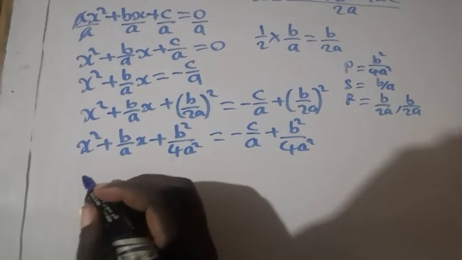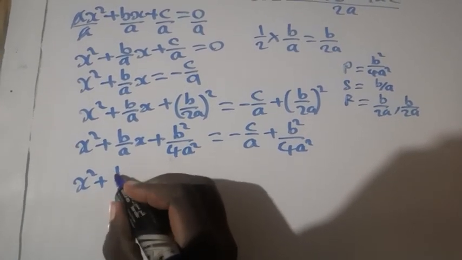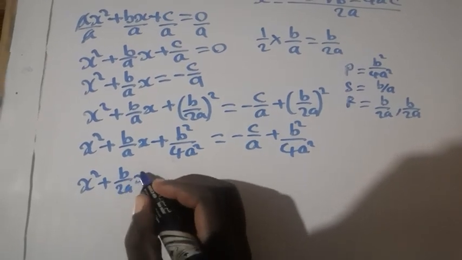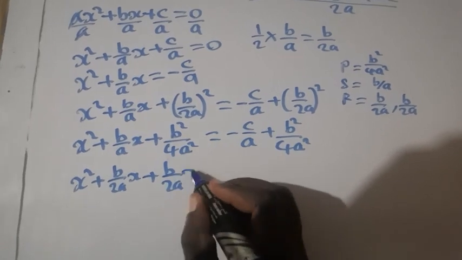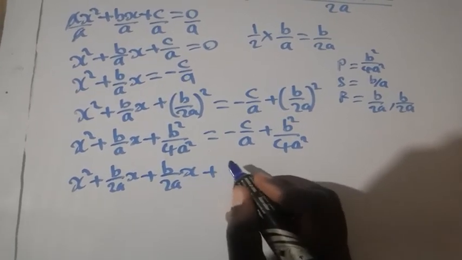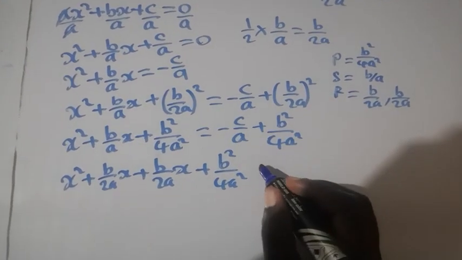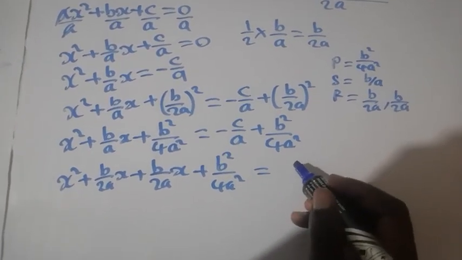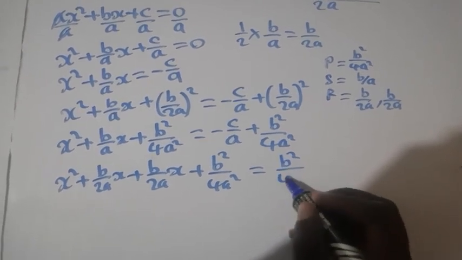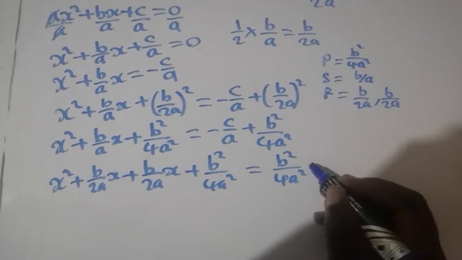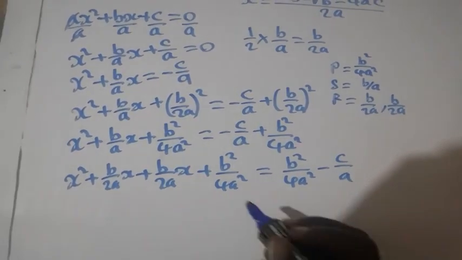So this equation will be x squared plus b over 2a x plus b over 2a x plus b squared over 4a squared, equal to b squared over 4a squared minus c over a.